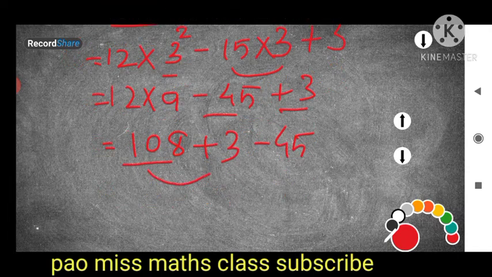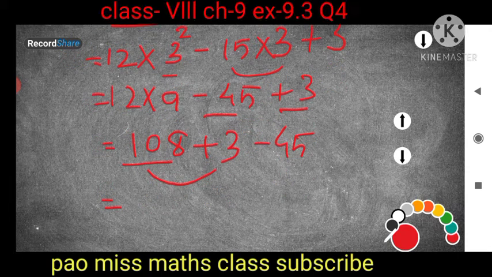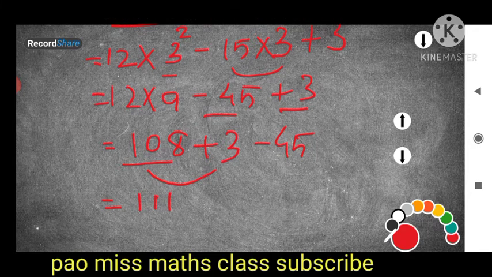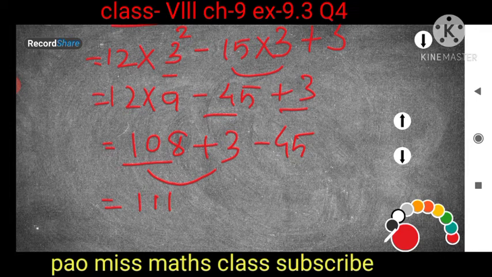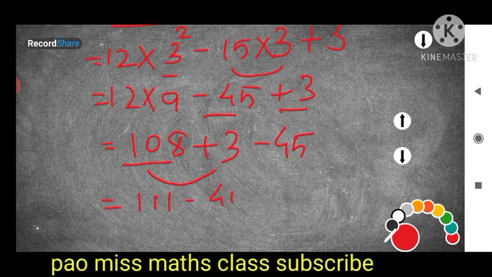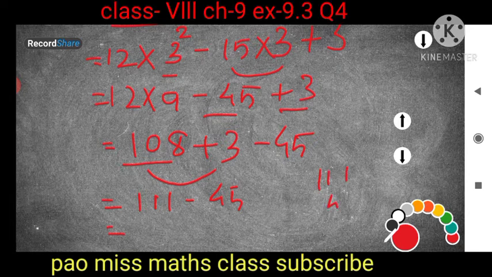Now if you add this, you will get 111, isn't it? So 108 plus 3, you will get 111, minus 45. So when you subtract 45 from 111, how much will you get?